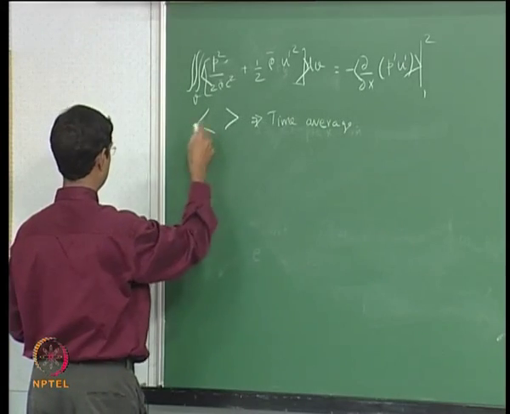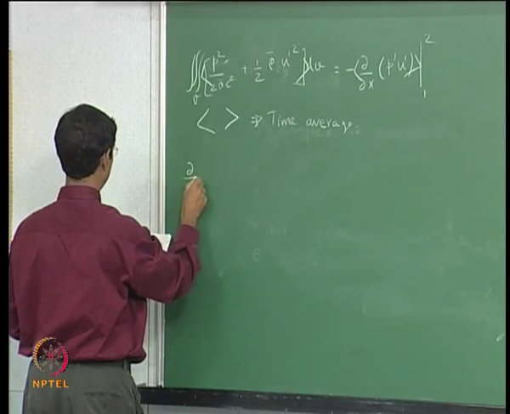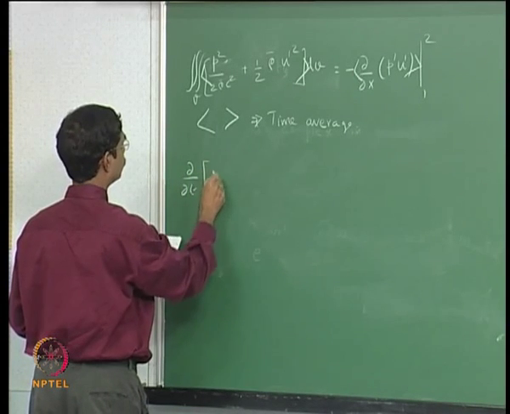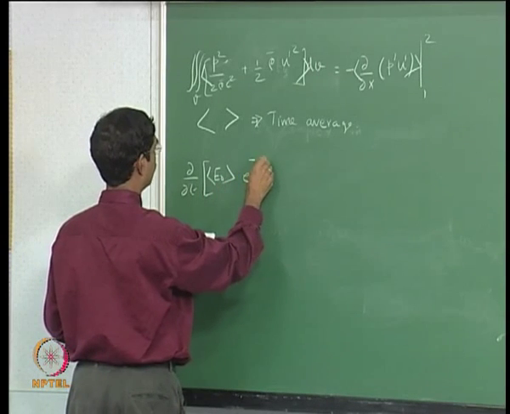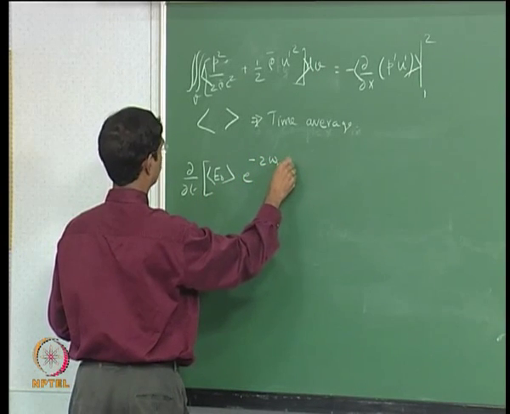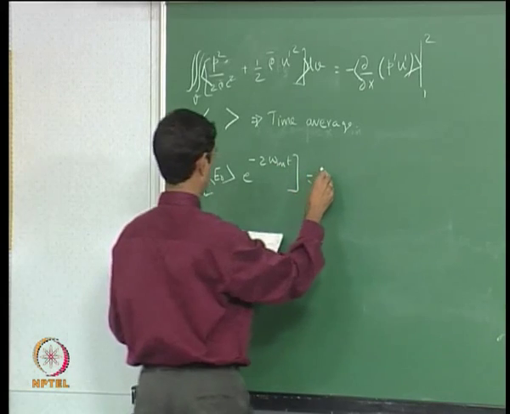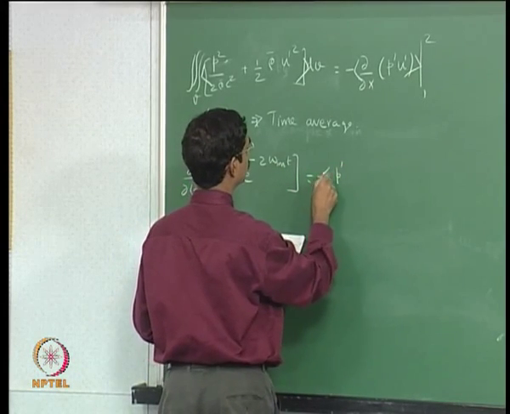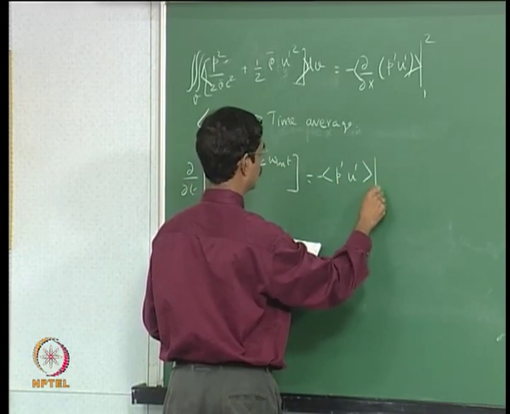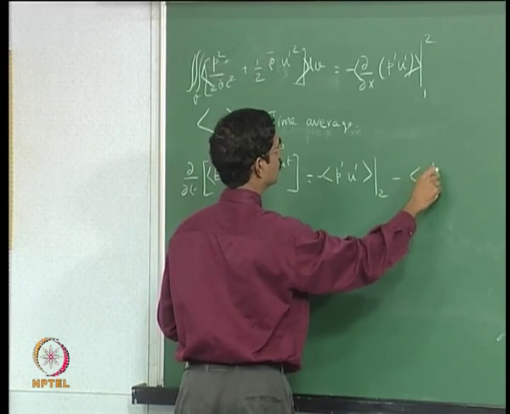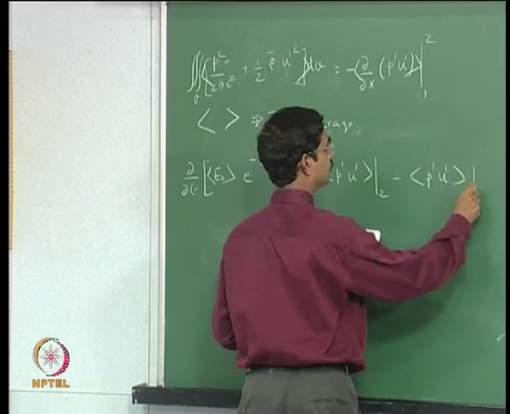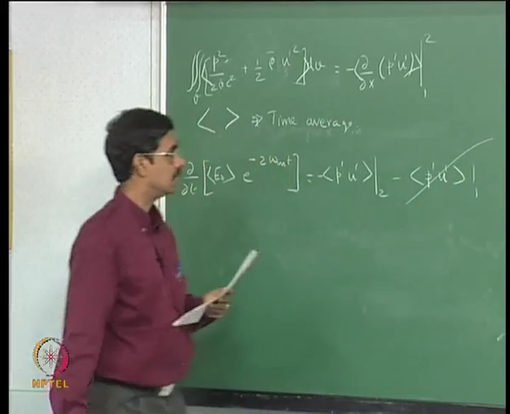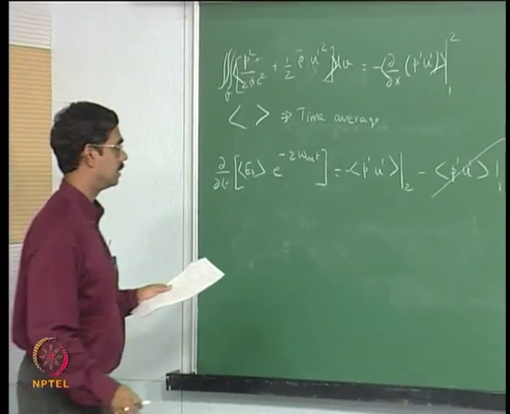If we do this, we can write it of the form e power minus 2, and this is 0 because we said at 1 it is a perfectly rigid condition.